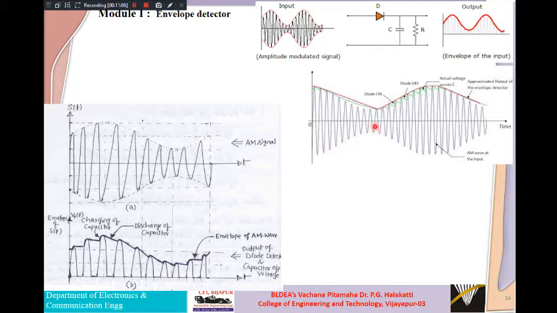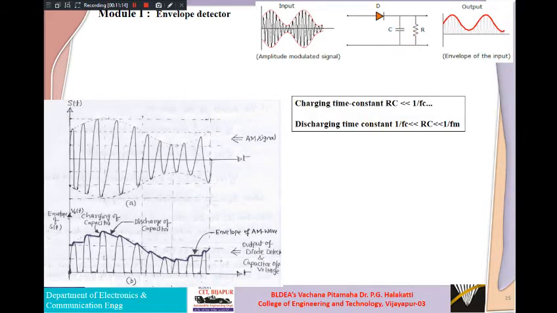So these quantized steps are controlled by the RC time constant. Okay, so how will it be controlled? If you keep the RC time constant very small compared to the reciprocal of the carrier frequency, you can make your charging time very short.